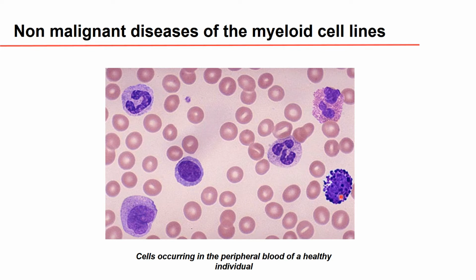Of course, the most common one is the neutrophil, then the eosinophil, and very few are basophils. There is a common saying, that monkey doesn't eat bananas or something like that, which shows which is the most common cell type and which is the least common.